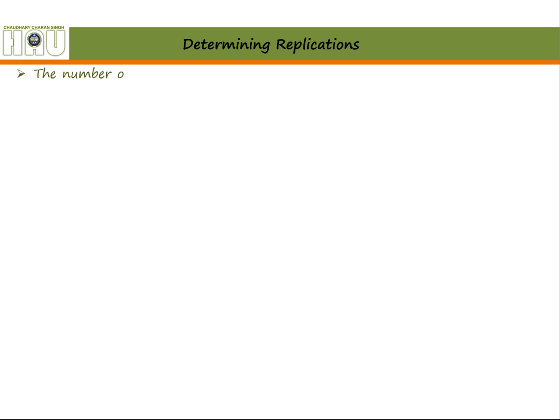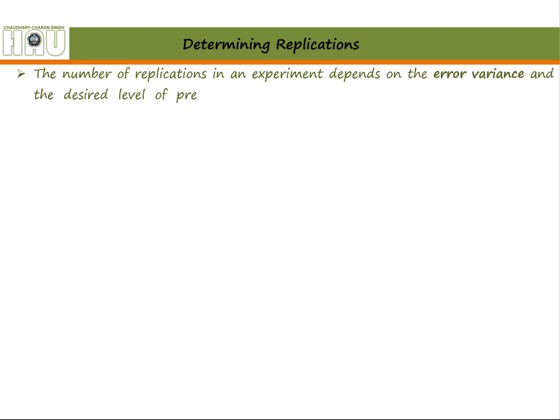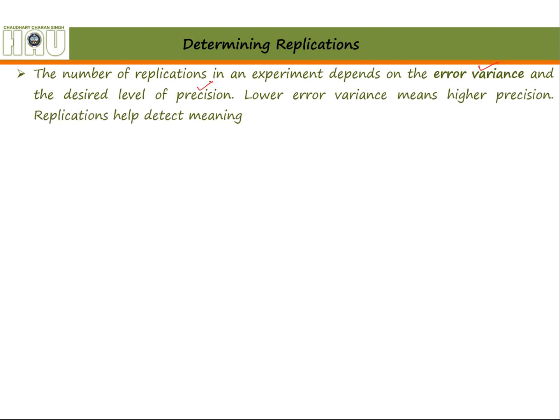So the number of replications in an experiment always depends upon the error variance and the desired level of precision, that is, at what level of precision you want to estimate the results. Lower error variance means higher precision.